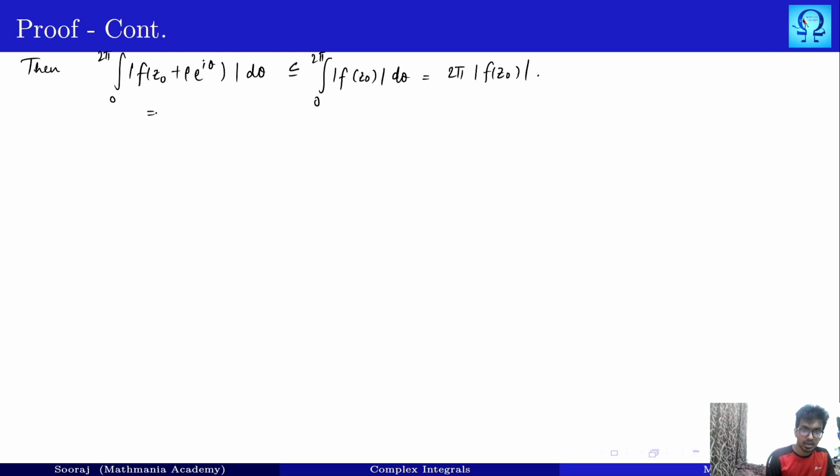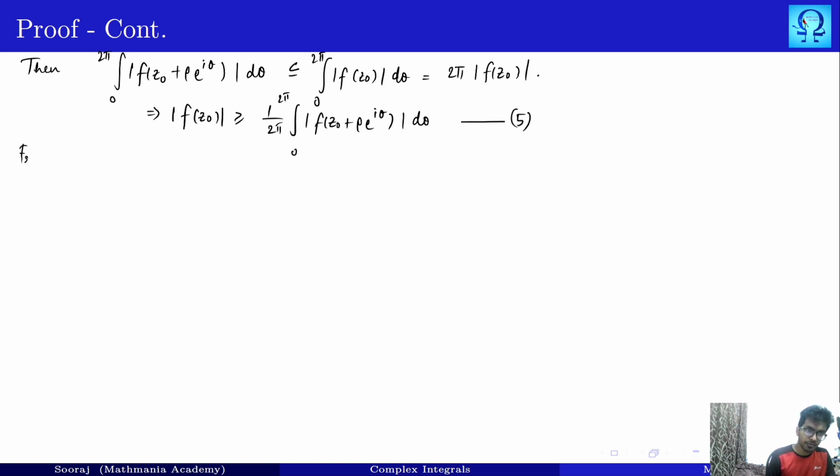So with which I can write absolute value of f of z naught is bigger than or equal to 1 upon 2 pi times integral 0 to 2 pi absolute value of f of z naught plus rho e power iota theta d theta. And let me mark this as equation 5.